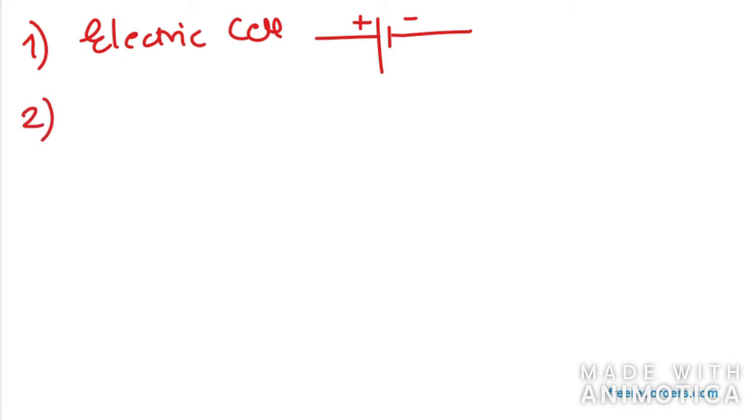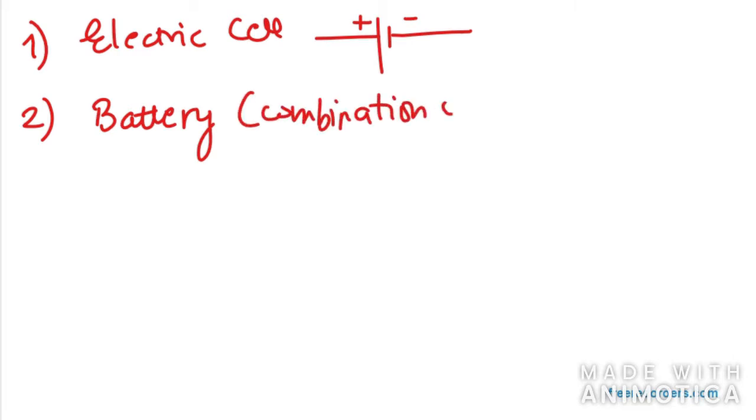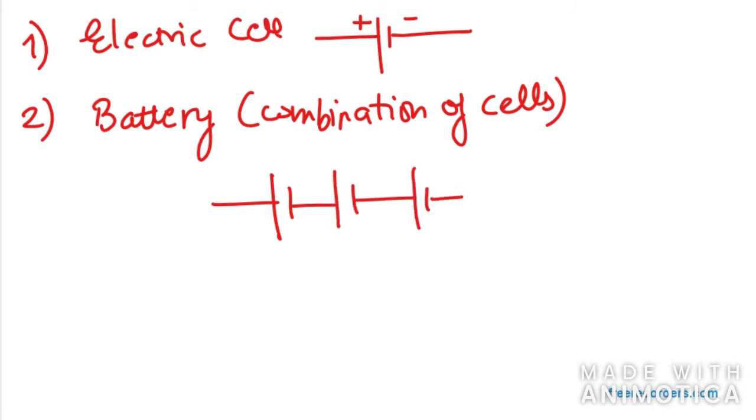The second one is a battery. A battery is nothing but a combination of cells. So you need to draw 2 or 3 cells to make it a battery. It should be a continuous one.